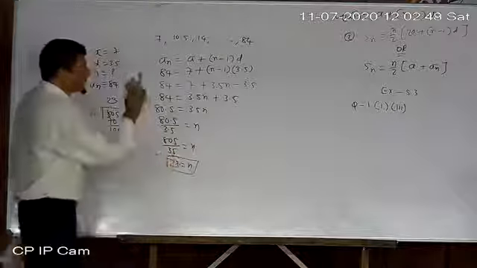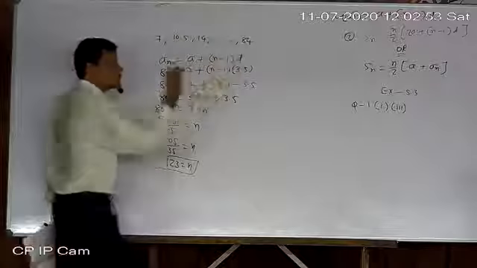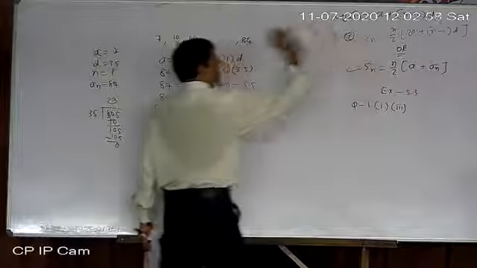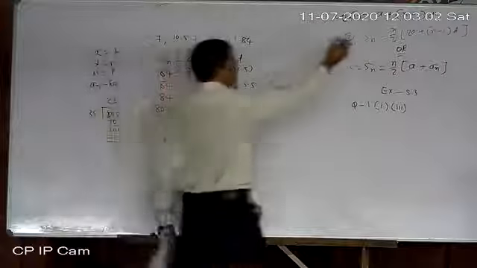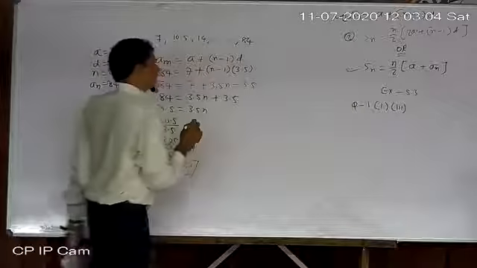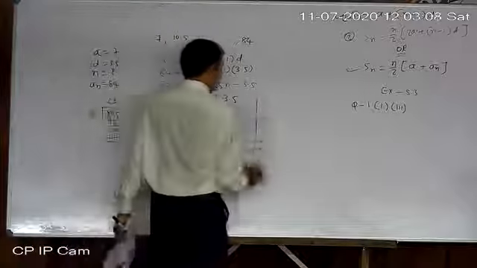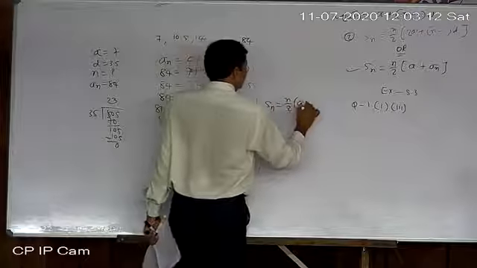Okay. So now our main work. Now we know we have both the first and last terms. So we can use this short formula also, and that formula also. Either use the first or second formula of Sn, you can find the answer. So now I use the short one, n by 2 times (a plus an).